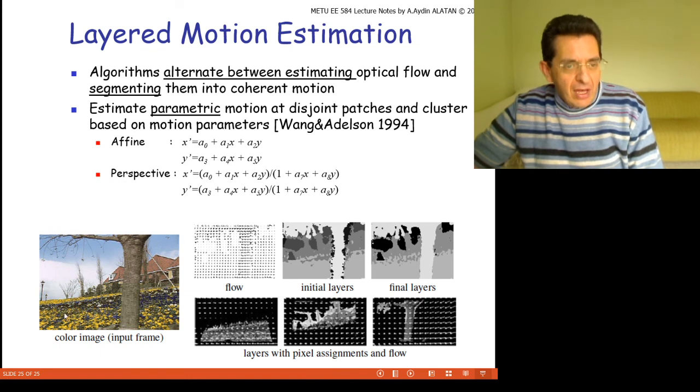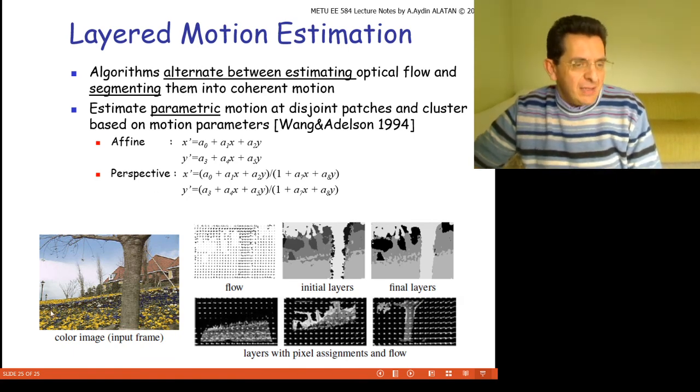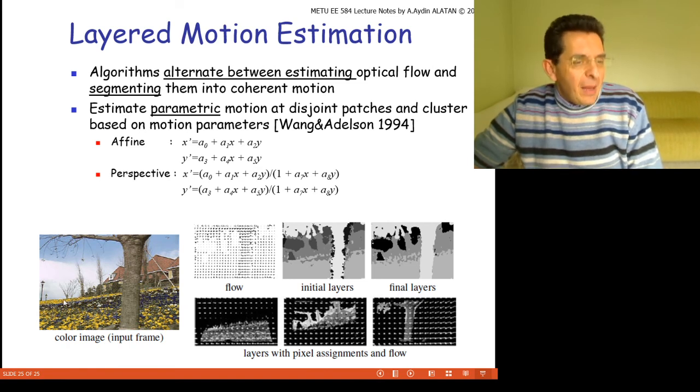In other words, assuming most of the pixels are on this planar scene, giving a good perspective fit, the parameters of this region will give you your first parametric set.